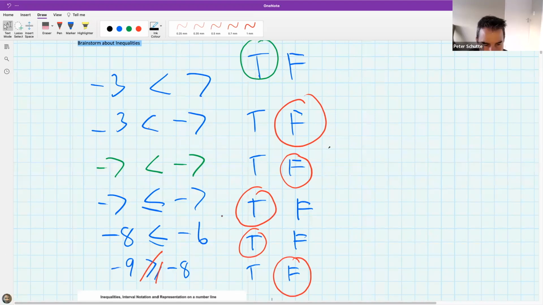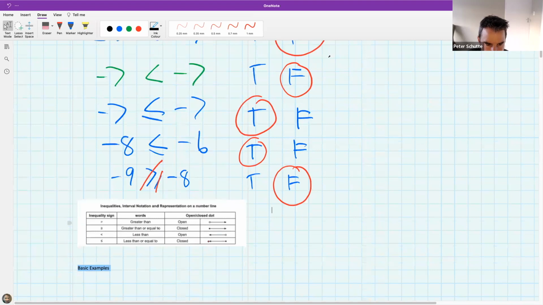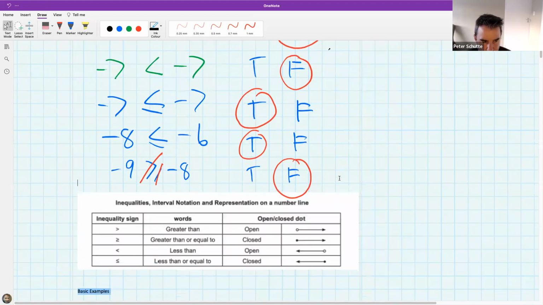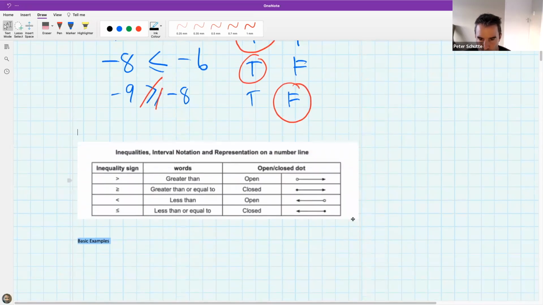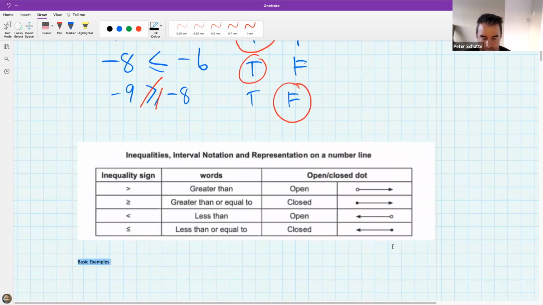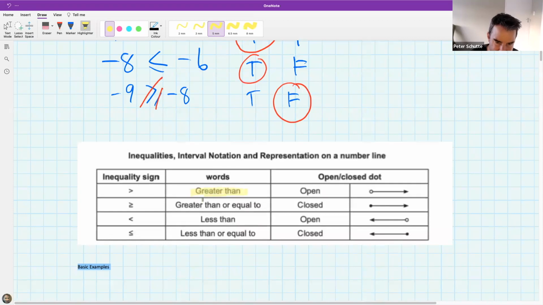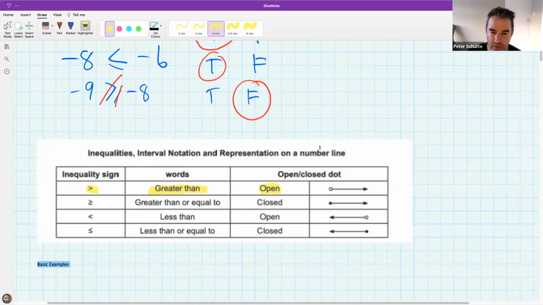Okay, then I want to talk about some of the notation that we use, some of the language that we use when we talk about inequalities. So one of the things is the greater than. If you see a greater than symbol, just a greater than, we say that that is open. And when we draw it on the number line, we draw it with an open circle and then a line pointing upwards.